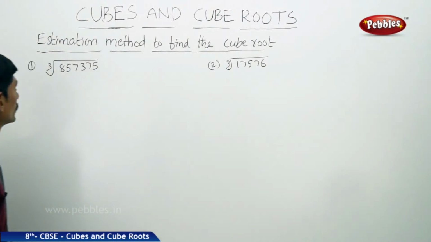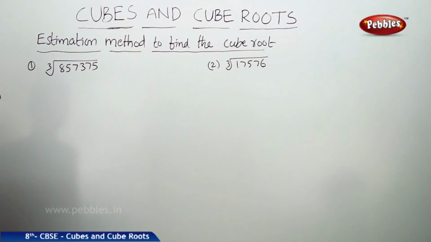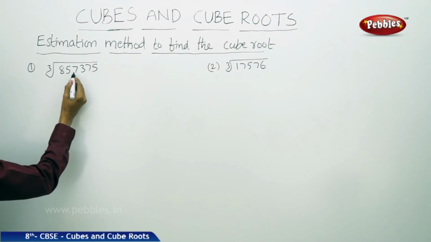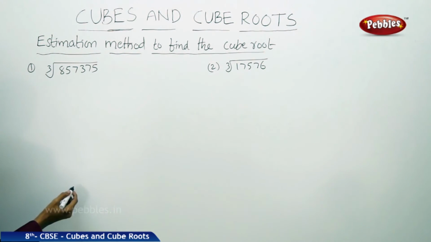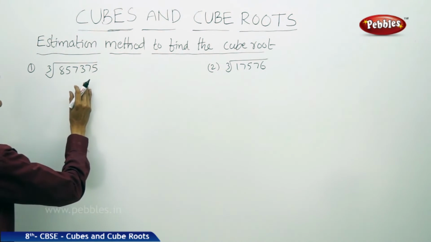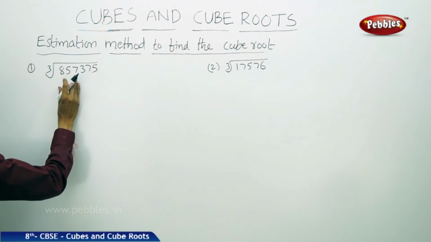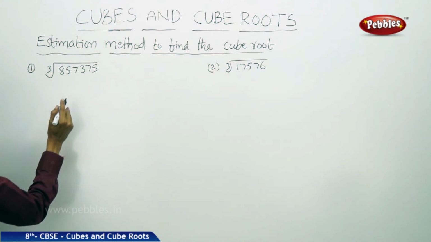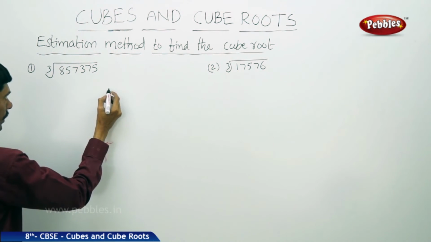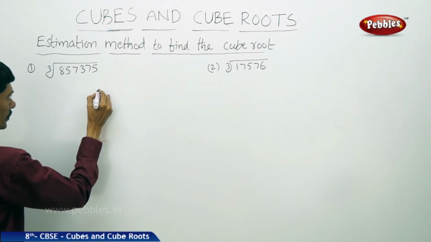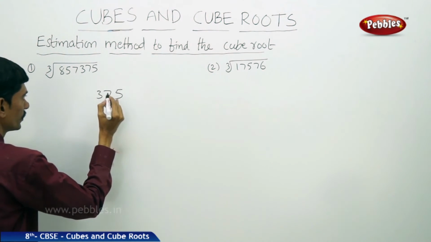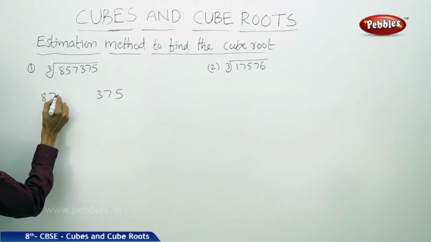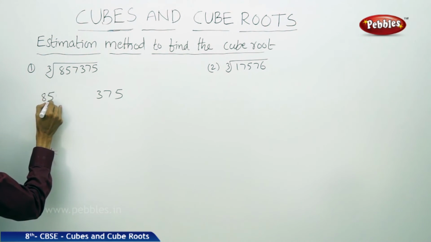Now the next topic, estimation method to find the cube root of a perfect cube. Now you should find the cube root of 857375 using the estimation method. First let us divide the given number into 2 groups such that each group has 3 digits. From the rightmost we write the last 3 digits 3, 7, 5 in the first group and the remaining digits 8, 5, 7 in the second group.